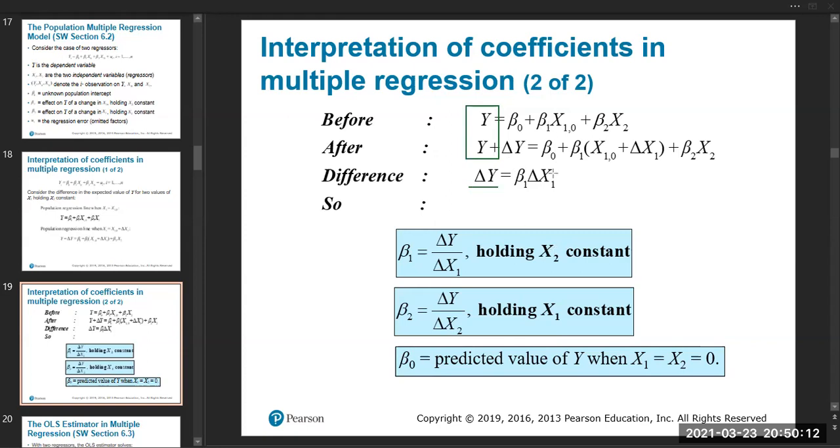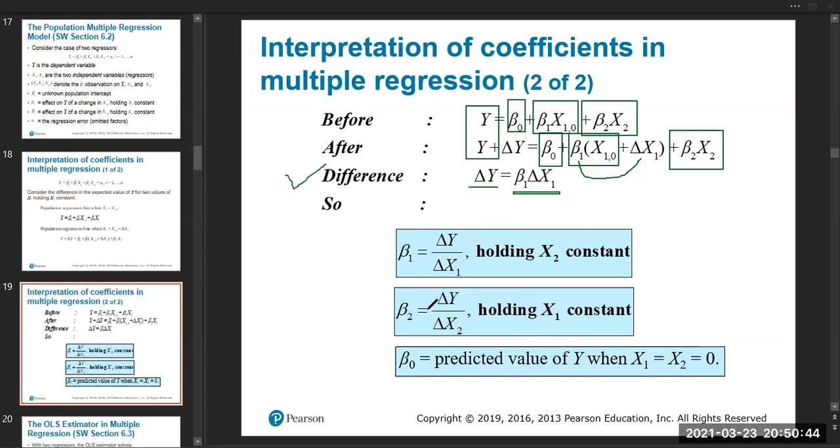On the right-hand side, you have beta 1 times delta X1 left, because beta 0 is canceled, beta 2 X2 and beta 2 X2 are canceled, beta 1 times X1 and beta 1 times X1 are canceled. So what you have left is beta 1 times delta X1, don't forget that.